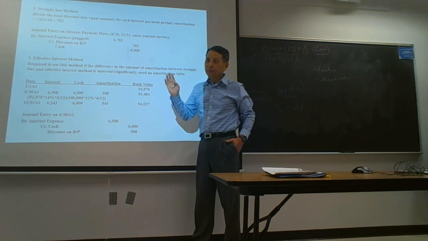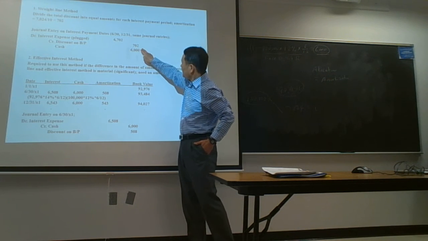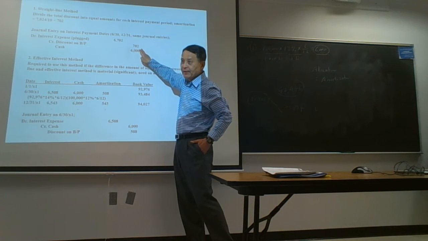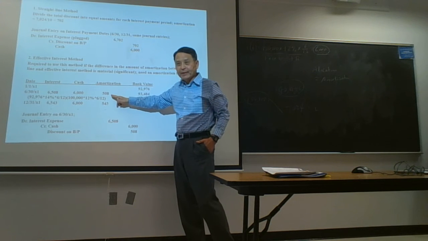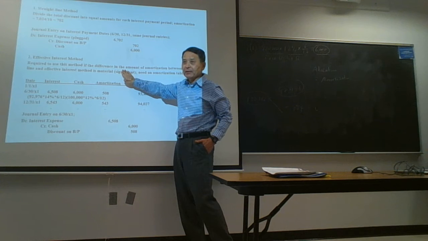So it depends on your professional judgment, right? 702 looks significantly greater than 508, right? So you have to use the effective interest method.